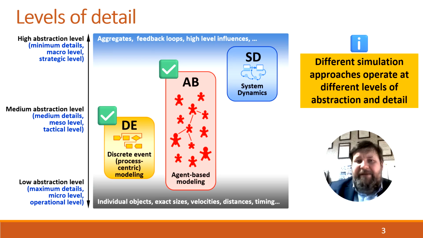And finally, agent-based modeling operates at the microscopic or operational level, where individual entities and their interactions are explicitly represented. So, overall, the key message of the following picture would be that we have different approaches and all of them operate on a different level of details.